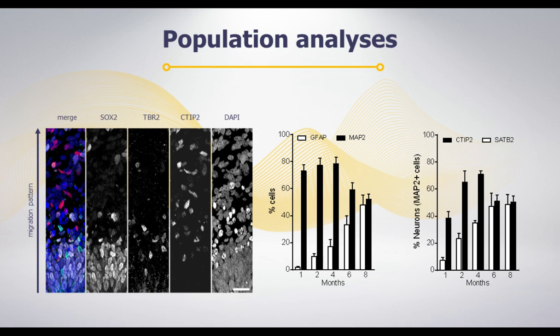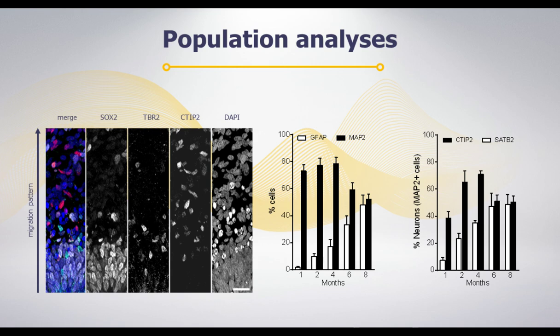By the time it's decreasing, the percentage of astrocytes represented in the white bar by the GFAP positive cells start to increase. And just note that between 6 and 8 months, they kind of took over the entire organoid and it becomes a 1-to-1 ratio between neurons and astrocytes. This is really what we'd expect for early stages of human neurodevelopment.